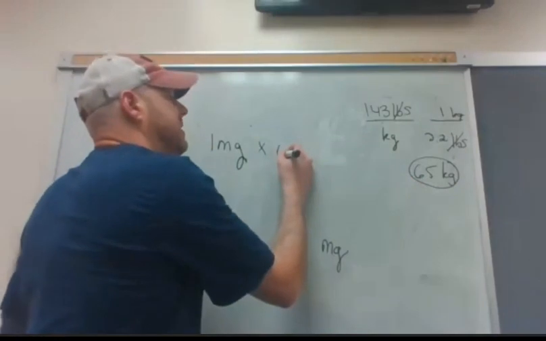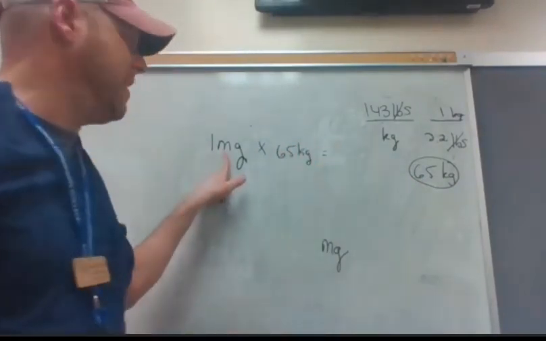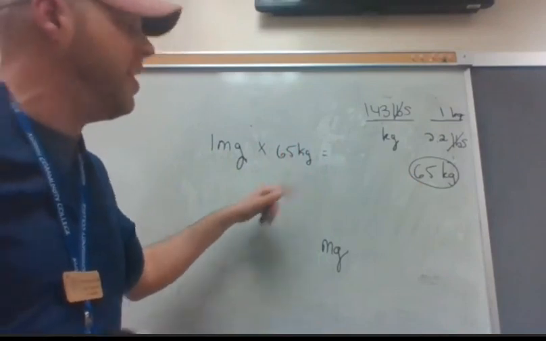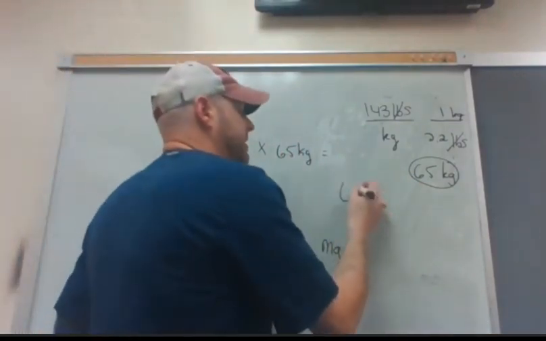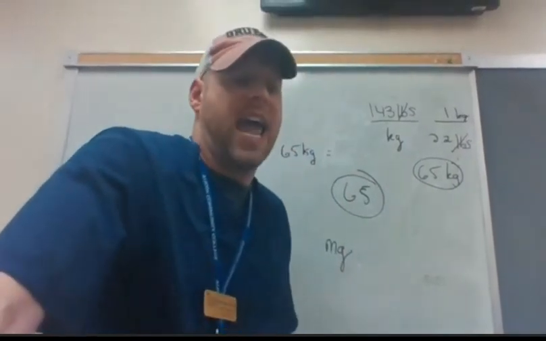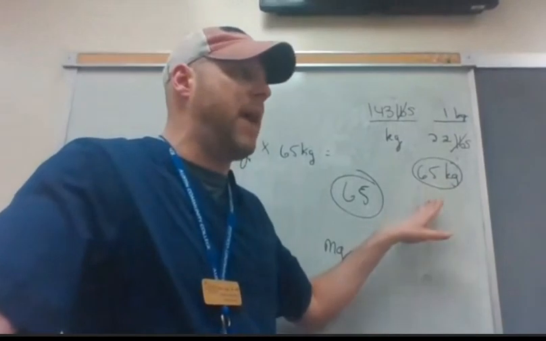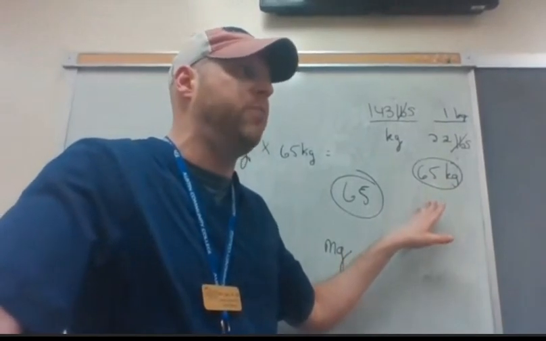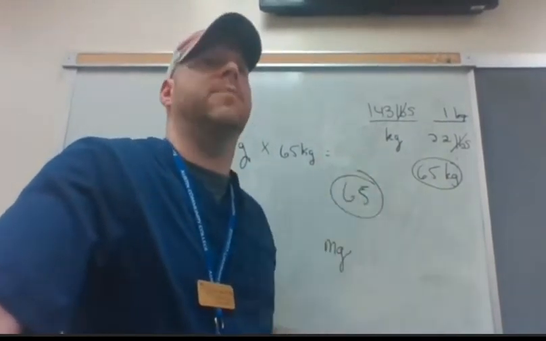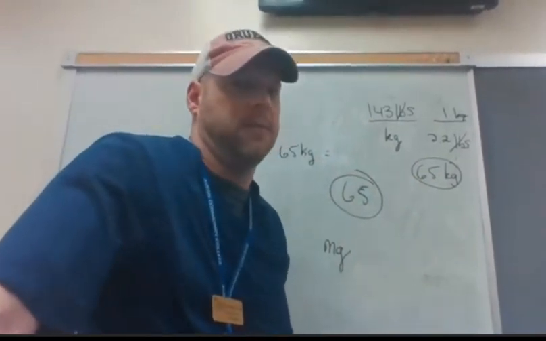And we said it was 65 kilograms, okay? So 1 times 65 is 65. That is your answer. So again, with the weight problem, take pounds first, divide it by 2.2, and times it by what the physician has ordered.